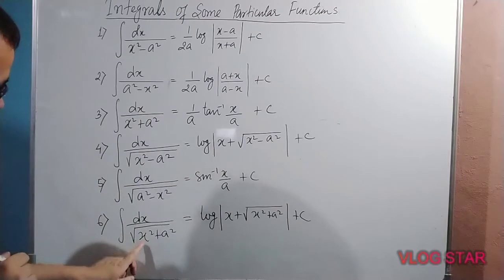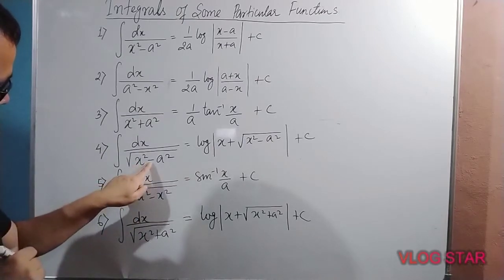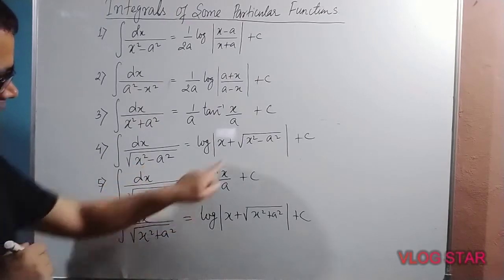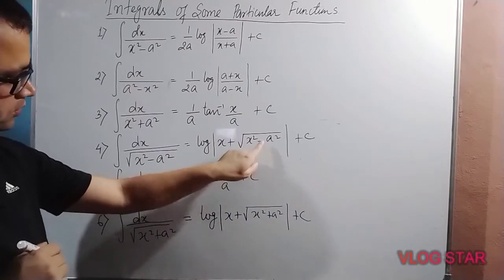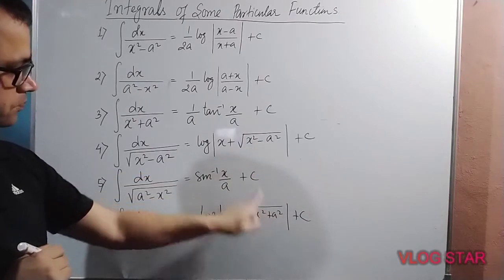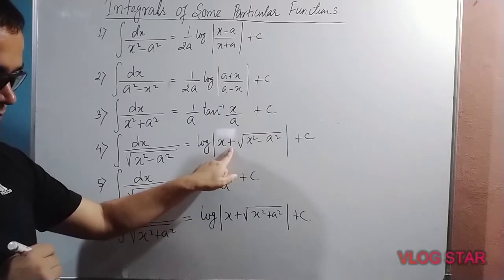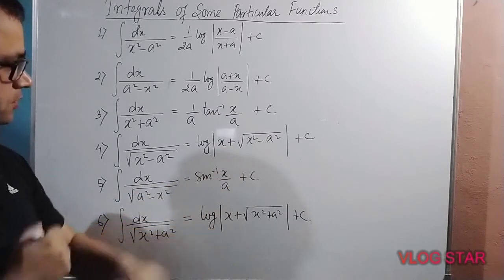The last one is the same, x square with plus, so instead of minus we only have to put the plus sign.